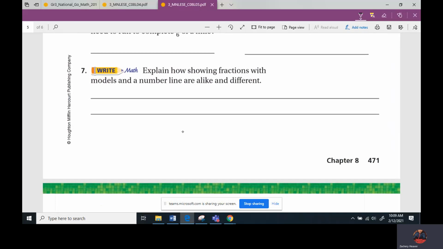Simple. You guys can see the different sizes. We can see how much equals a whole.